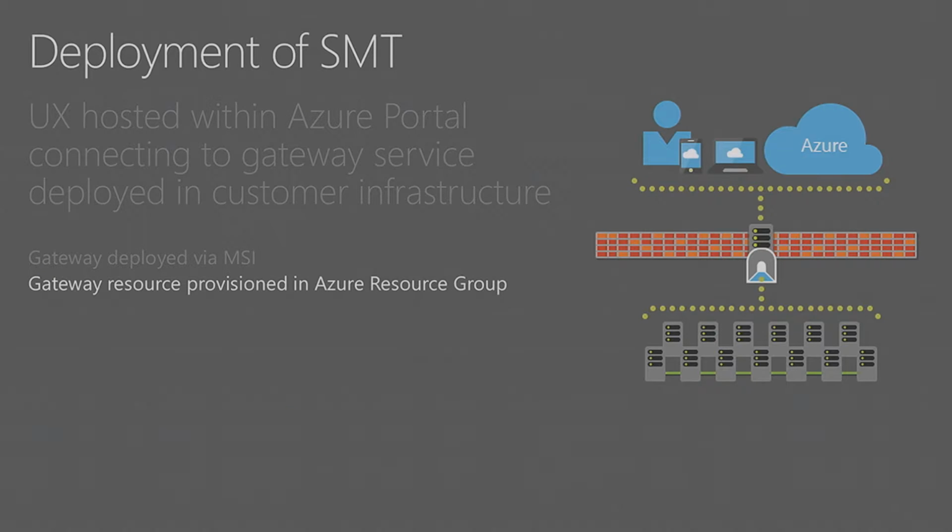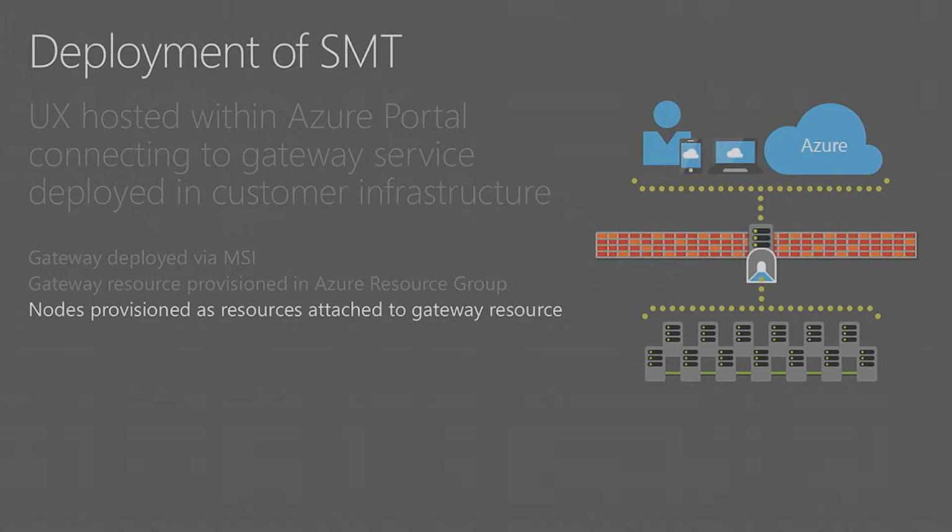In the case of SMT, the gateway and the connection to the target are two resource types that are very lightweight. All it does is map the connection between what you see in the Azure portal to the appropriate target that you want to manage on the network.